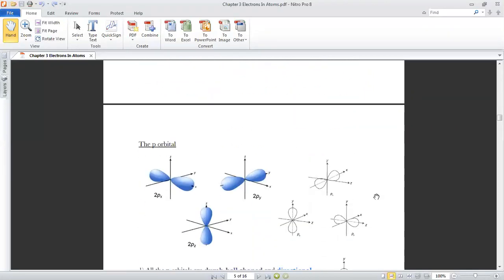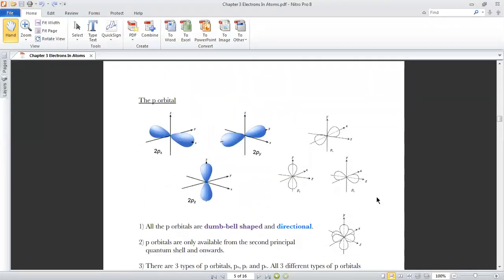Then P subshells have to be drawn as shown. If you are required to draw px, then its lobe should be on the x-axis. If you are drawing py, then its lobe should be on the y-axis, as seen in the blue diagram, and the same way it's drawn in the black and white diagram.